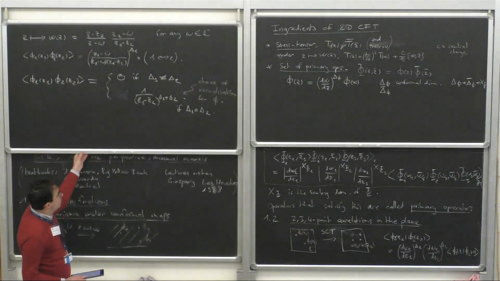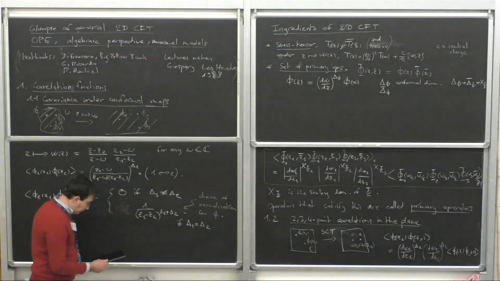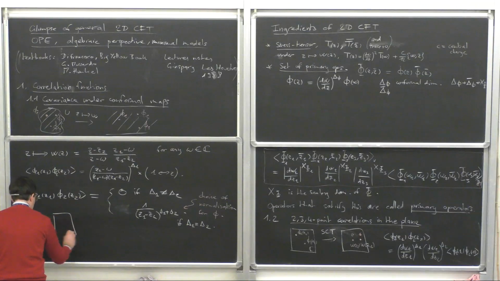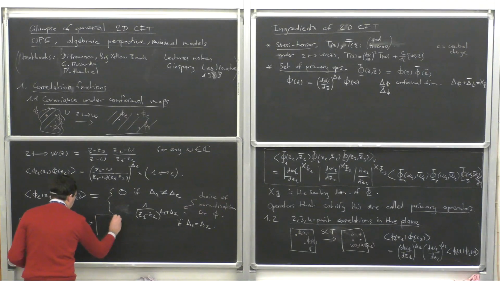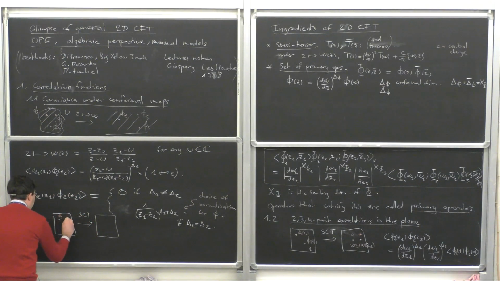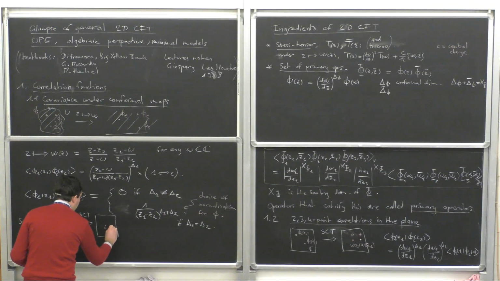Now, let's move on to the 3-point function. So similarly, if we look at the 3-point function, again we can find a special conformal transformation. If we have 3 points phi1, phi2, phi3, we can send 1 point to 0, 1 point to 1, and 1 point to infinity.